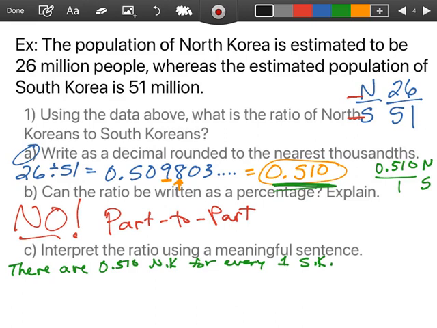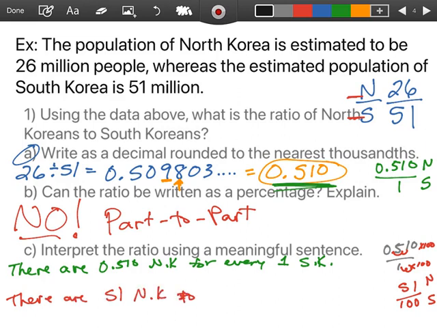But if I take 0.510 over 1 and I multiply the top by 100 and the bottom by 100, that moves the decimal 2 places. I now have 51 over 100. It's an equivalent ratio. Talked about that before, hopefully. And now I can say there are 51 North Koreans for every 100 South Koreans. And that makes a whole lot more sense.